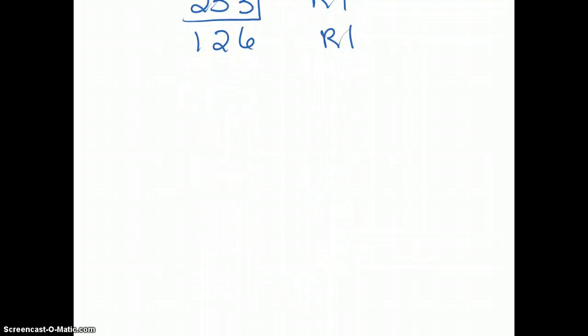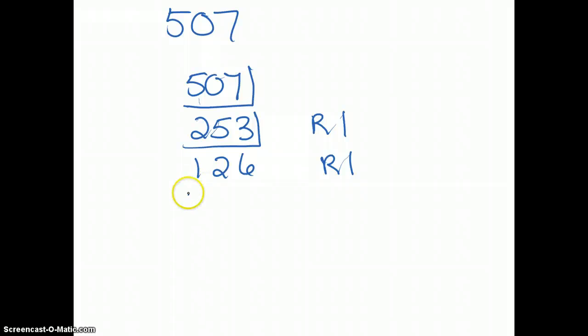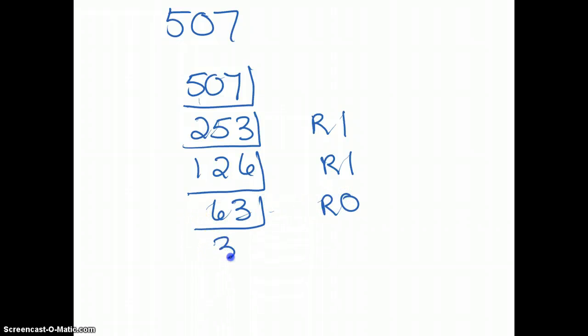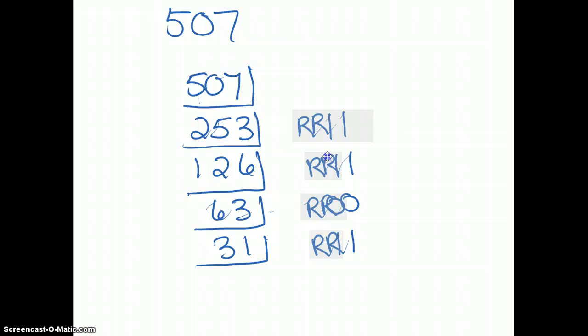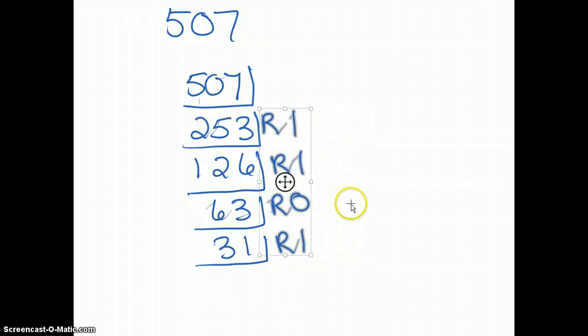So far we're doing okay. We're just dividing by 2. Everyone can divide by 2. Divided by 2 is 63, remainder 0. Divide this by 2 is 31, remainder 1. And if you don't want to write the R's, one thing that you can do is just move this right next to it so you can see it all right next to each other.